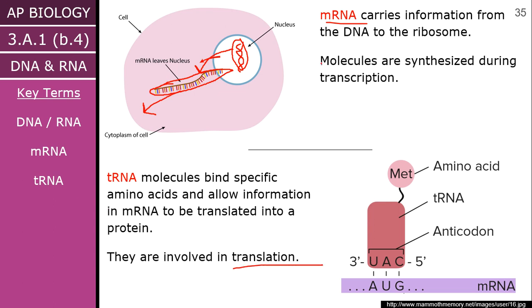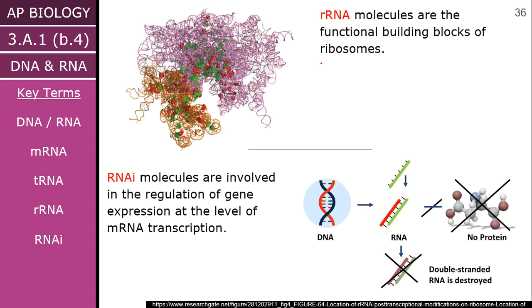I don't need you to know this like to the nth degree at this point. This is really going to come into its own during chapter 17, whereas we are in chapter 16 right now. But I'm just giving you a little bit of a primer on where we're going. Okay, so rRNA makes up your ribosomes. Okay, and so your ribosomes are actually what will make the proteins.